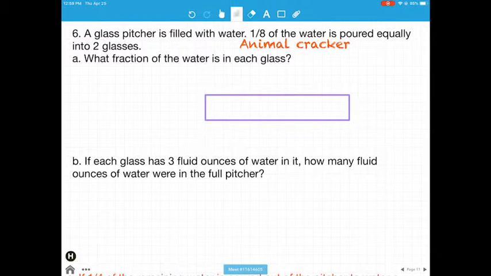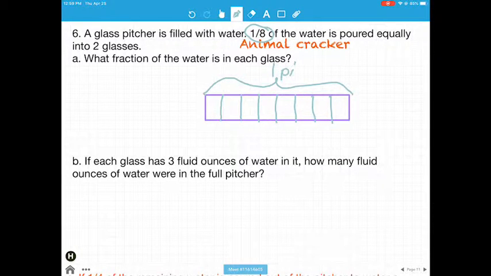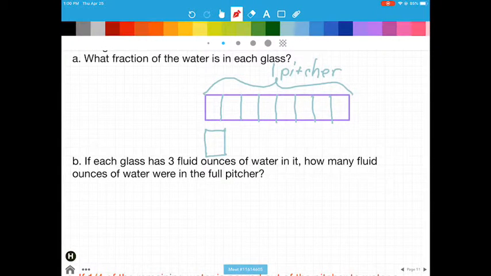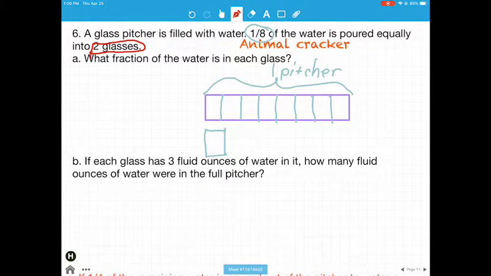So we're going to cut the pitcher into 8ths, and this is equal to 1 pitcher. And 1/8 of it is poured into 2 glasses. So here is my 1/8, and it's poured into 2 glasses.